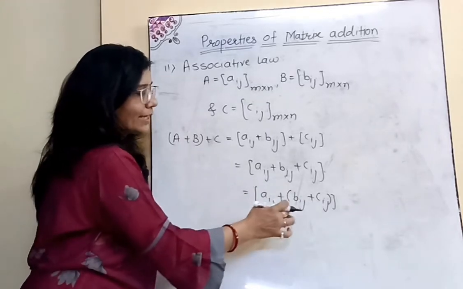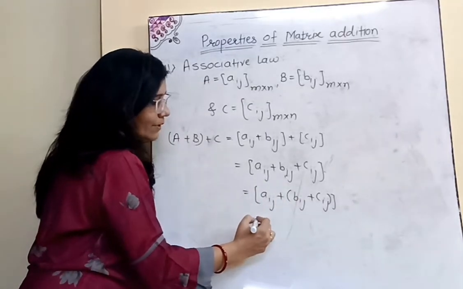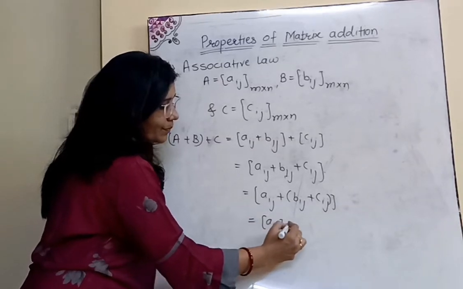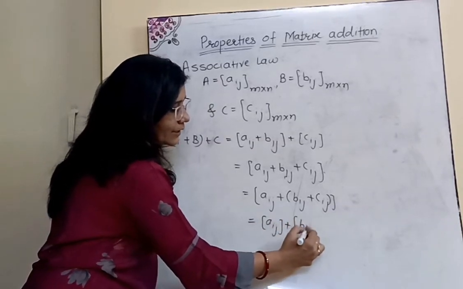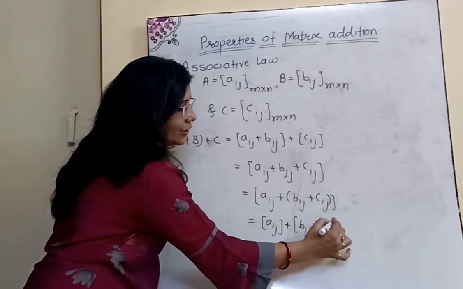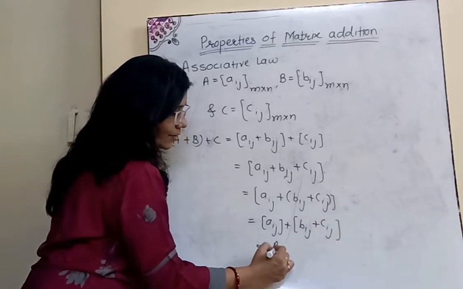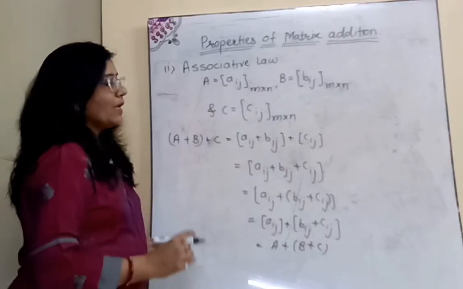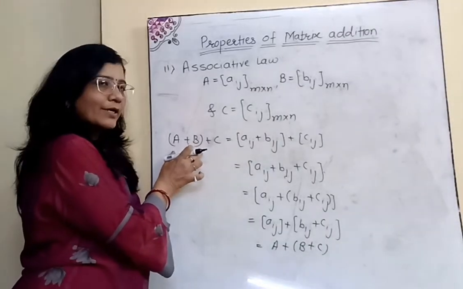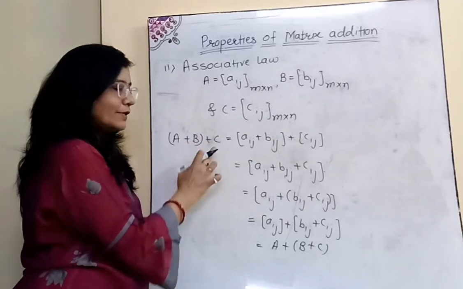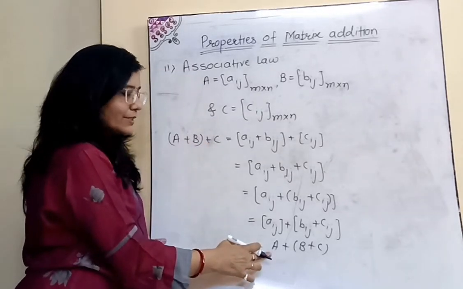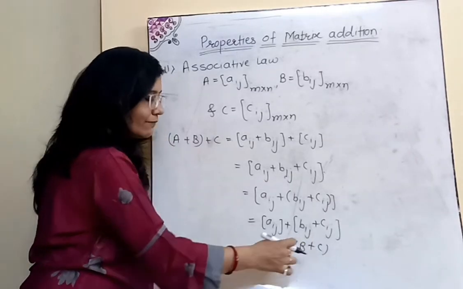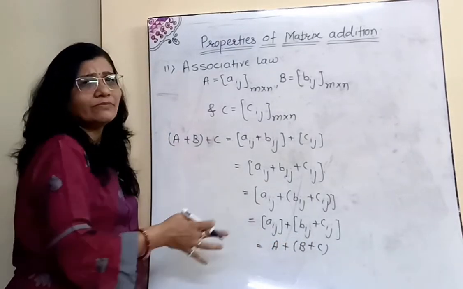So you can do it like this. If we separate it, this will be equal to Aij plus Bij plus Cij. So what is this? This is matrix A plus matrix B plus matrix C. So if we add these two matrices and then add the third one, or we keep the first matrix as it is and add the second and the last matrix, the answer will be the same.